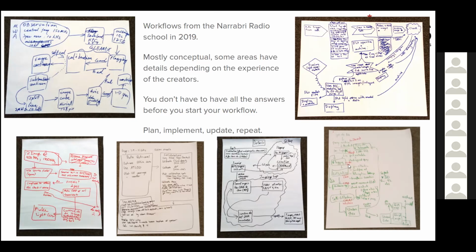And you can see in red here, they've even identified which software they're going to use for each of the steps in their workflow. But you can also see that there are some other ones, such as the one over here, where there's a few software tools identified, but mostly they're just talking conceptually. What is it that you need to do in order to take your data from the telescope and have it in, I think this says make light curve at the end. So they were maybe looking for variability or something like that.